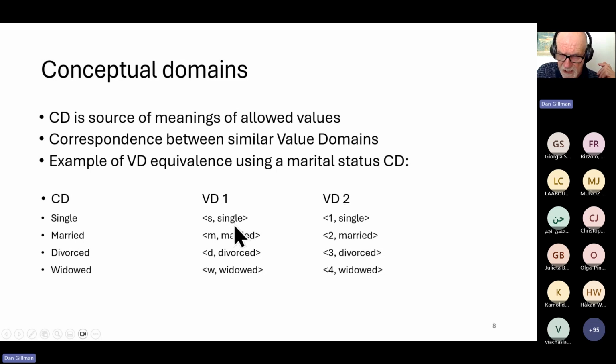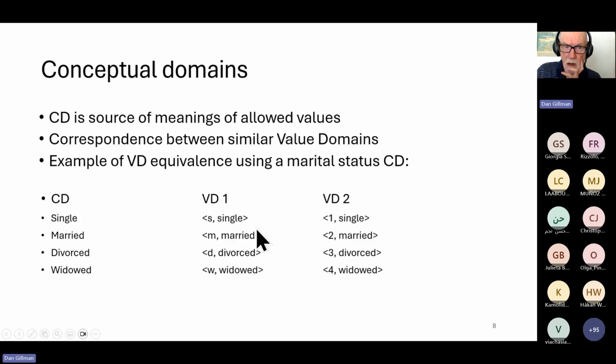We can see that each of these categories is represented in different ways. In value domain 1, the codes are single characters. In value domain 2, we're using numerals. So there are different ways of representing the same thing, and the conceptual domain is a way of tying these together.